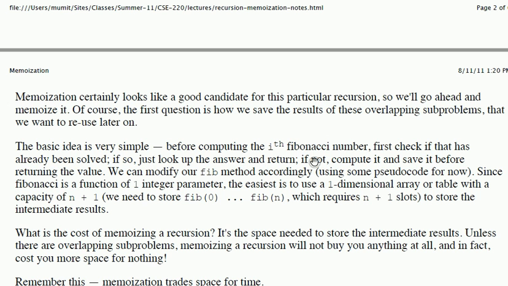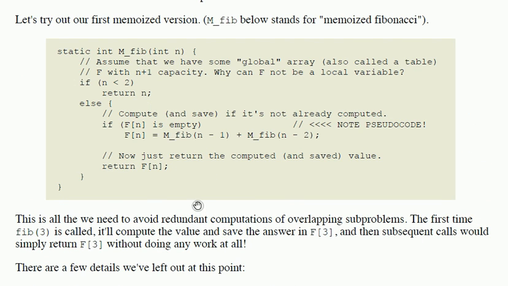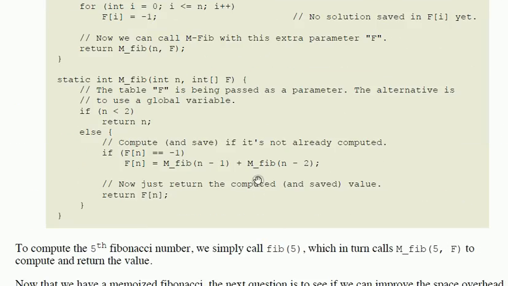That's all it is. Perfect recursion, if you want to say. So here they are doing this. They find something, they're saving it. Here, look at this. Compute and save if it's not already completed.